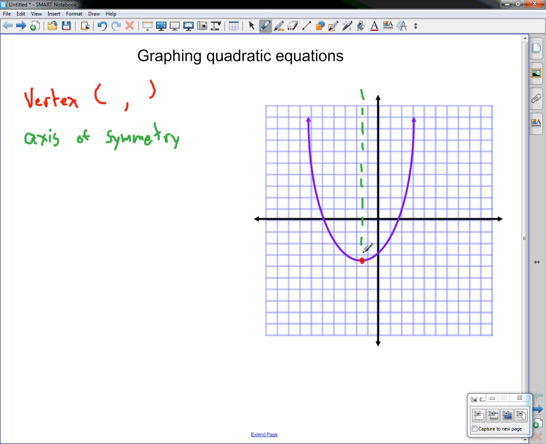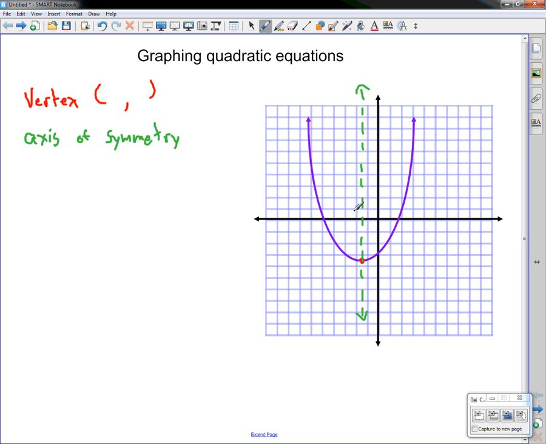It's not actually graphed when we graph the parabola, but what you want to do is identify that vertical line that's going to cut right through the middle of your parabola. If you were to take your paper and fold it on that line, it would map over itself.